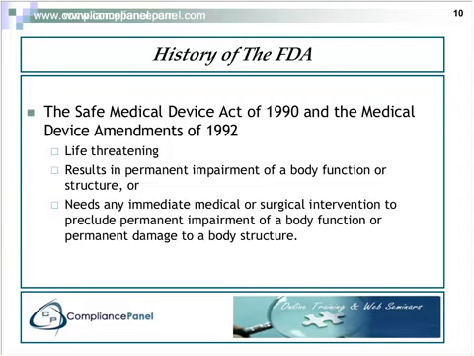So there's a difference between what the FDA has for a definition of a medical device and what the EU has. Some examples of medical devices are simple things such as catheters and syringes, all the way up to implantable defibrillators, hospital beds, and radiology equipment.